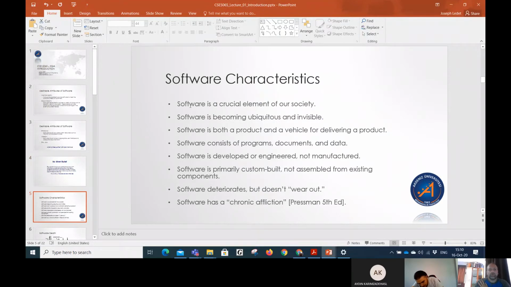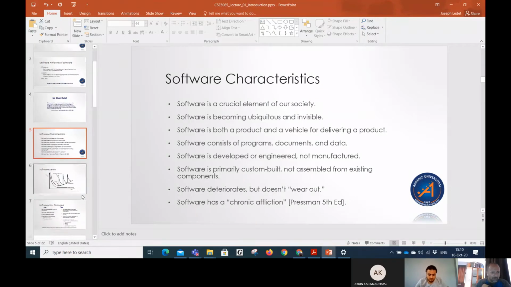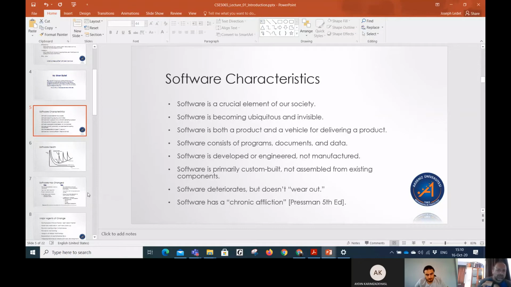So, all right, some of the ideas of what our characteristics are. Software is a crucial element of our science. We can't live without it, right? I remember as a child, and then into my teenage years, we were oftentimes afraid of potential nuclear war, that somebody was going to drop the big bomb and that was going to end the world. I really wonder about our software systems.